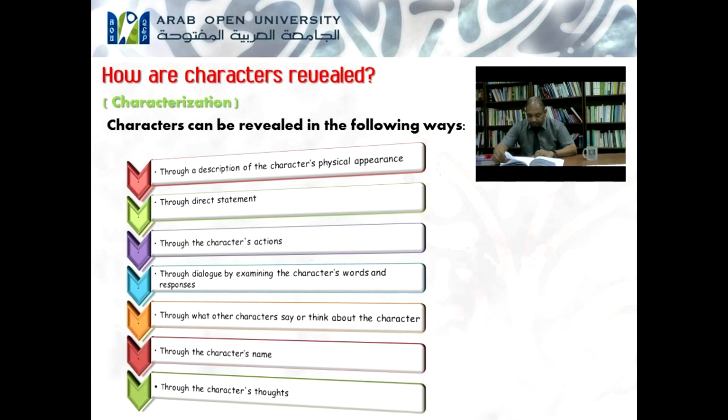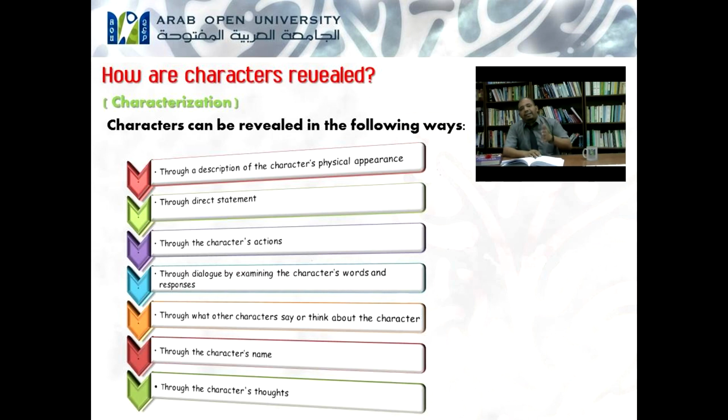Let me give you an example of how characters are revealed through direct statement. This applies very much to, for example, the character of the nameless man in To Build a Fire.